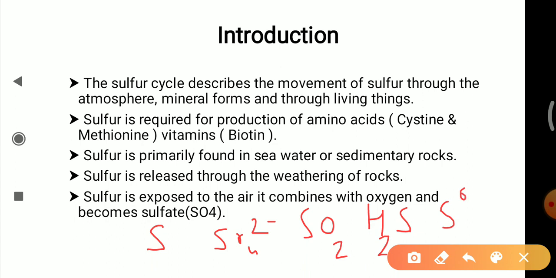S stands for elemental sulfur, and S2- stands for the sulfide form.